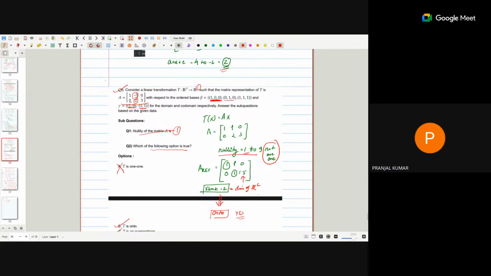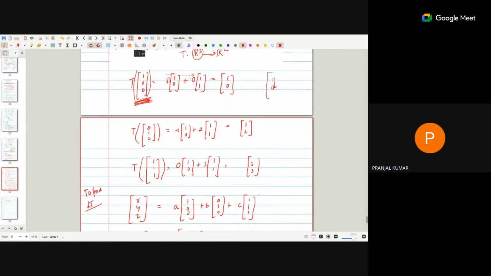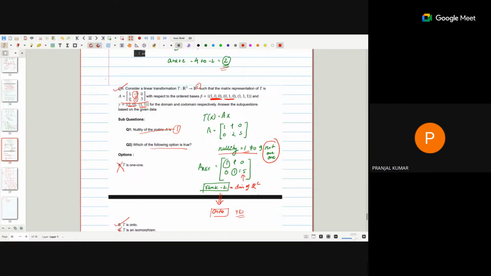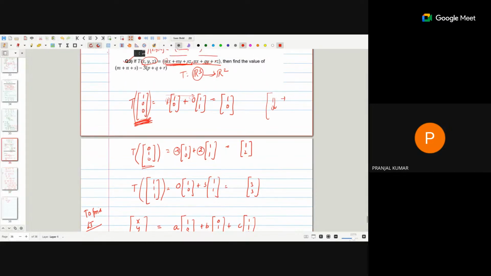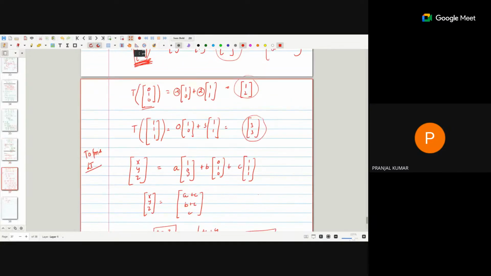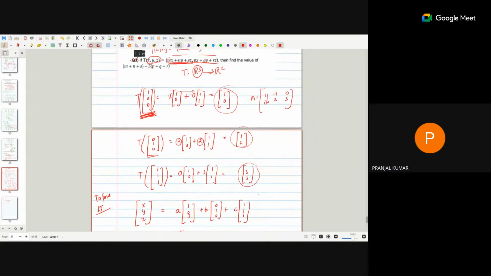For T of 010, it would be -1 times 10 plus 2 times 1. That's how this matrix came, in this fashion only. So I'm backtracking the algorithm. Then 0 times 10 plus 3 times 1. So I got the images of each of these. Are you getting this?